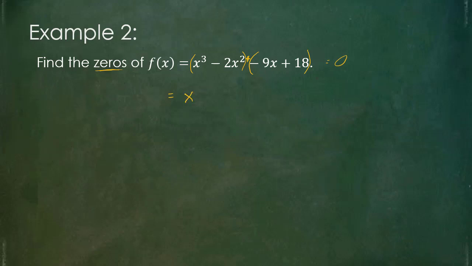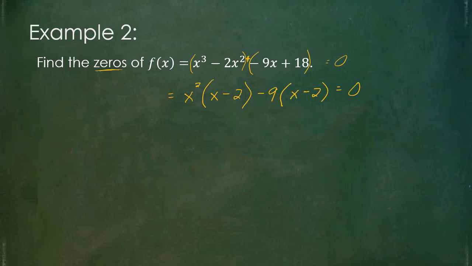With this first grouping, they have x squared in common, which leaves me an x minus 2 in the parenthesis. The second one, for sure, I'll take out a negative because that first term was negative. And it looks like 9 would go into both 9 and 18. So if I took negative 9 out, that would leave me a positive x on this first term, and dividing negative 9 out of 18 would leave a negative 2 in its spot.